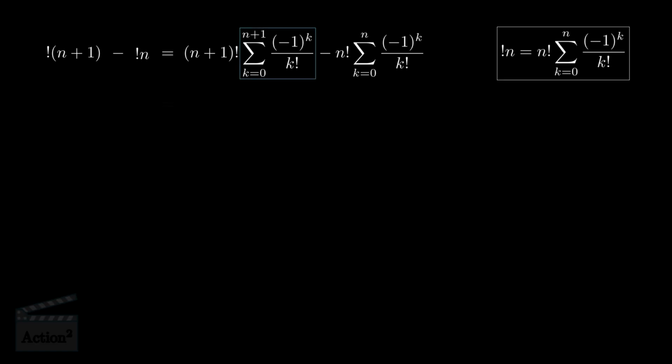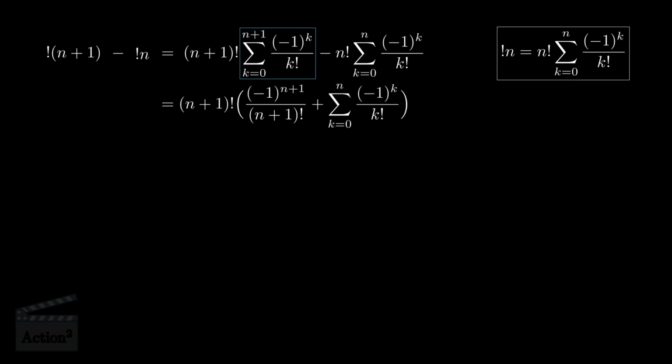Next, let's extract the last term from the first sum. So, the brackets receive -1 to the power of n plus 1 over n plus 1 factorial, plus the sum from k equals 0 just up to n, of -1 to the power of k over k factorial.